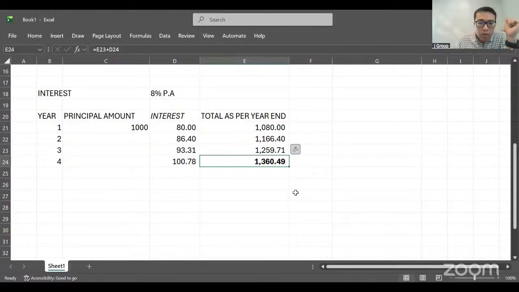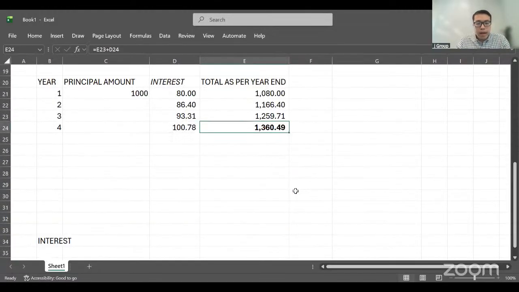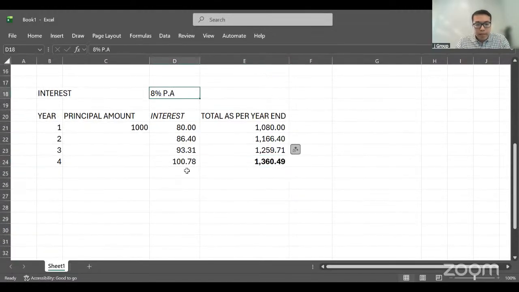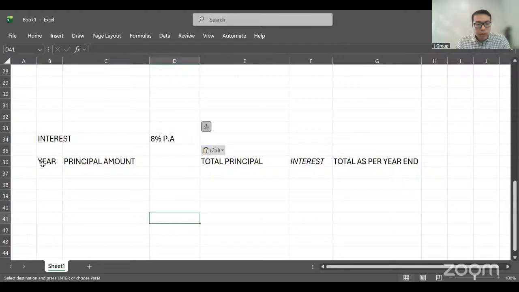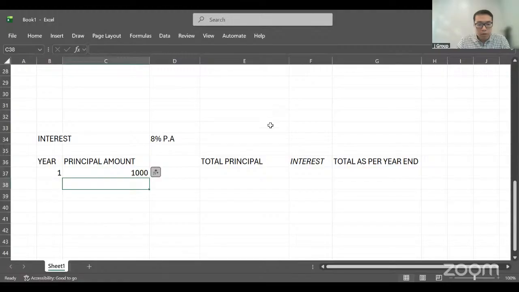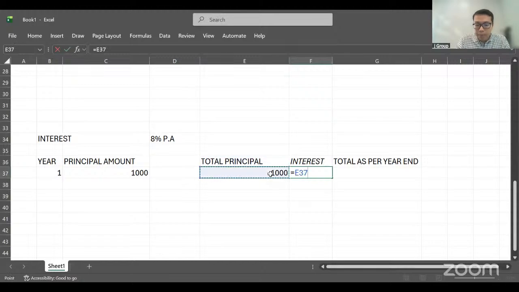Next, let's look at this. If I use the same example for compounding interest, in year one, I have a principal amount of 1,000. Same, I'm going to earn 8% interest. So the total at year end is 1,080.